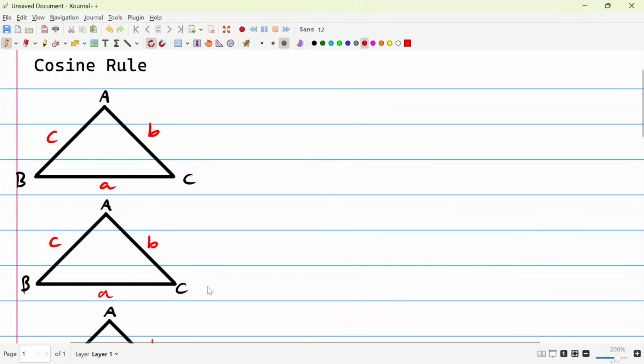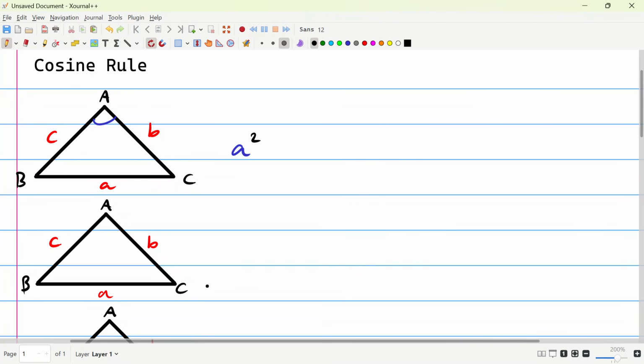The first formula that we need to know is the following. Let's say we have to deal with angle A. Then we will start off with A squared, using the Pythagorean theorem.